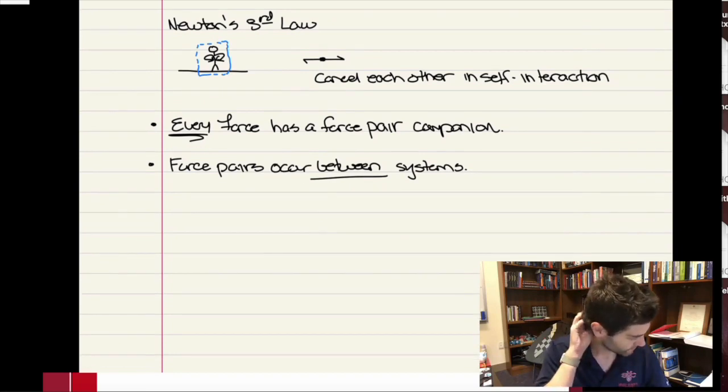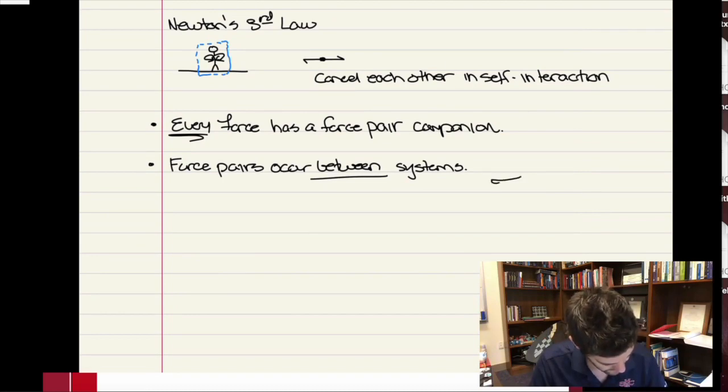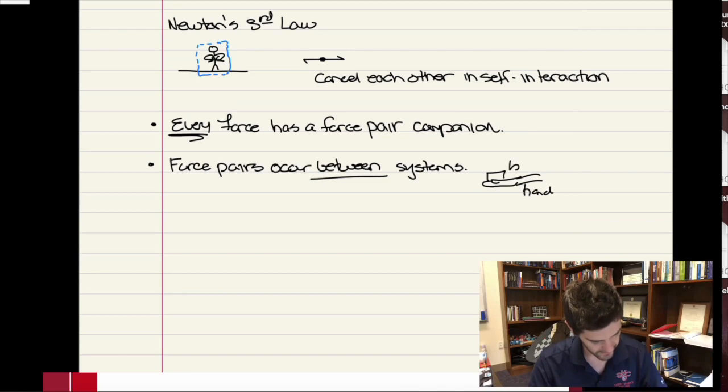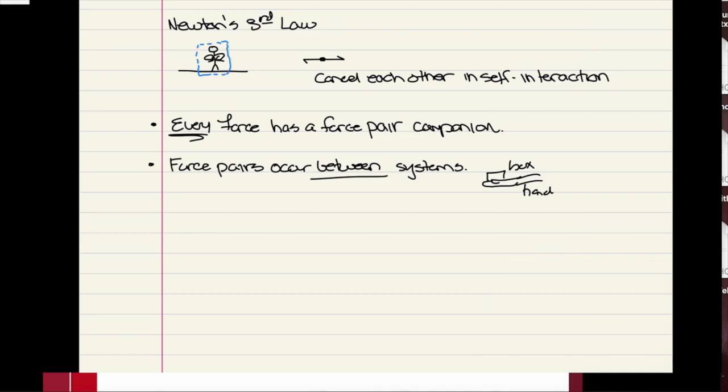Let us think of an example. Suppose you have your hand and you're holding a box. That's supposed to be a hand. Hand, box. I could ask, what are the forces acting on the box and what are the forces acting on the hand, and try to identify force pairs that result.